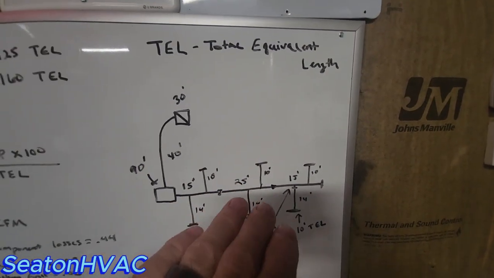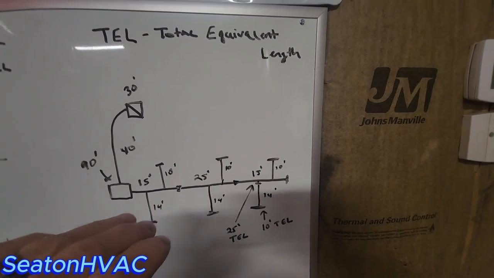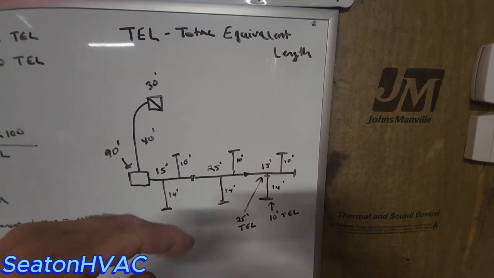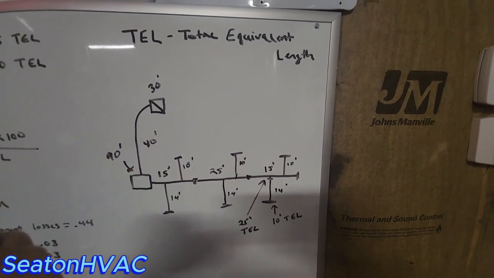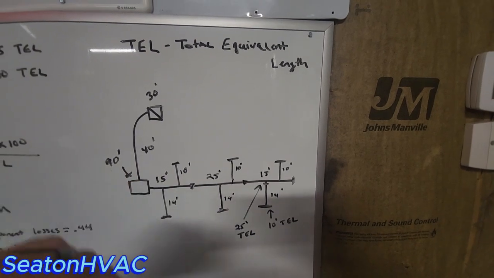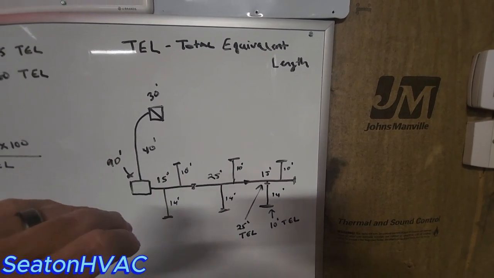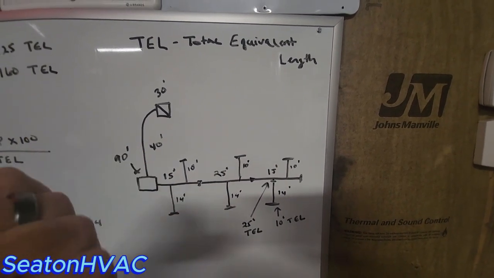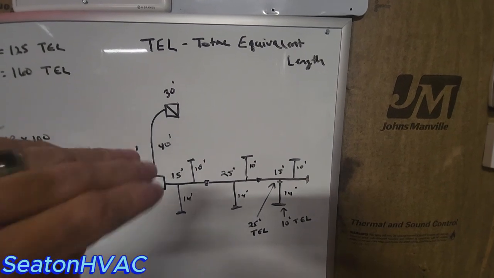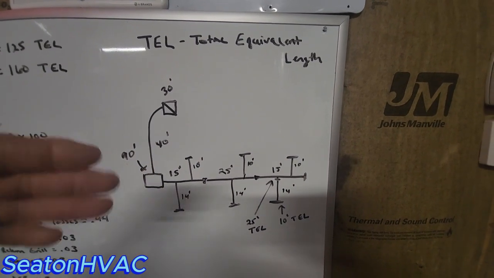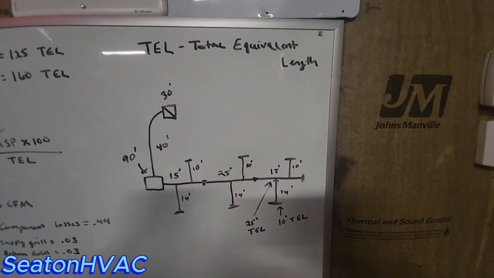But I want to show you how we determine where we put the friction rate on our ductulator, our slide rule. We don't just go 0.1, we don't just go 0.08. There's a science behind it, and there's an equation that gets us to that point on our ductulator where we can use it properly instead of guessing.